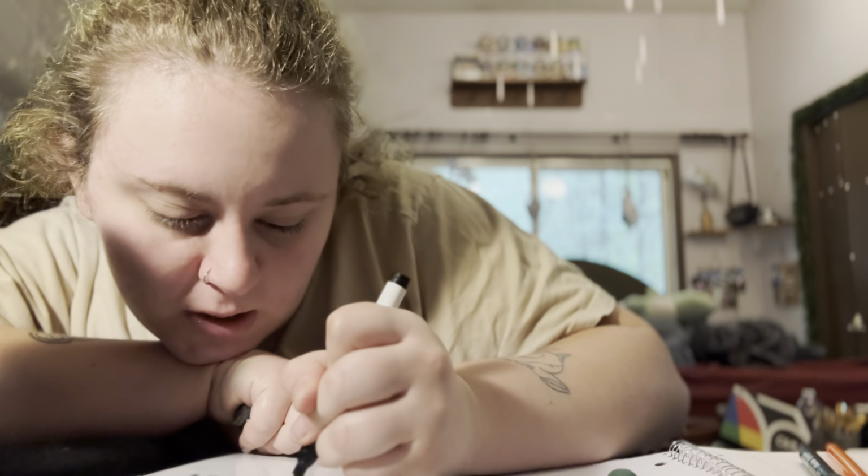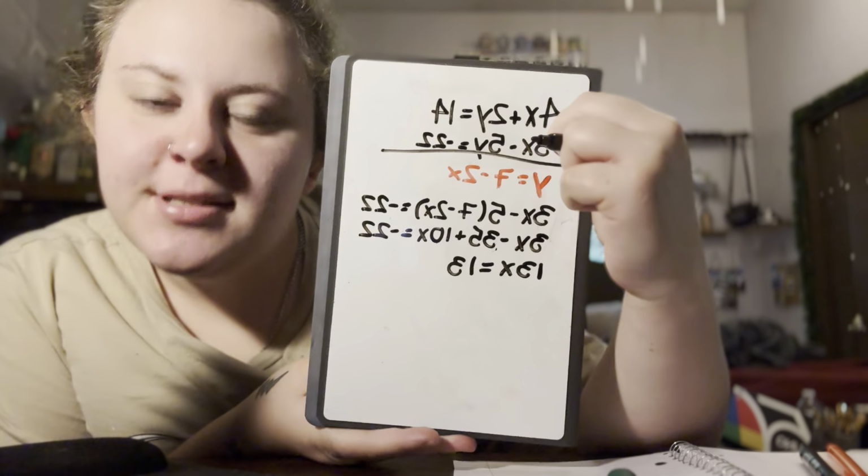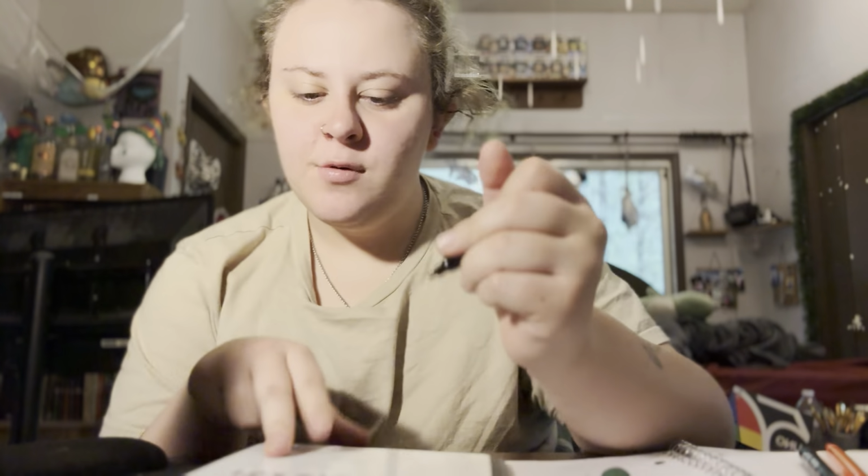So that is 13x equals negative 22 plus 35, which is 13. Amazing. So, what does x equal? Amazing. x equals 1.